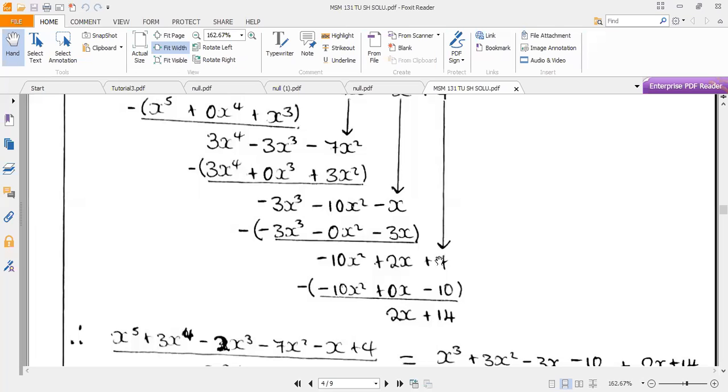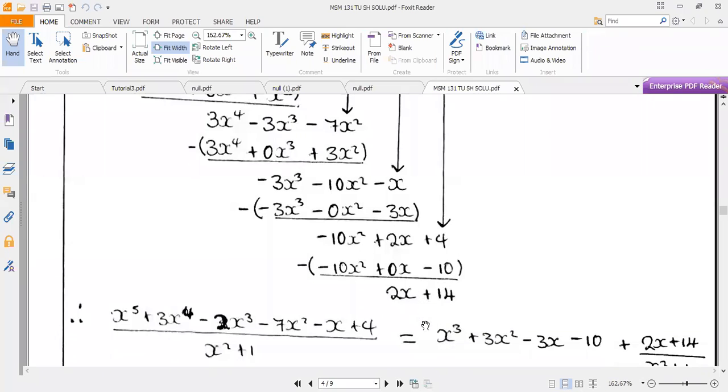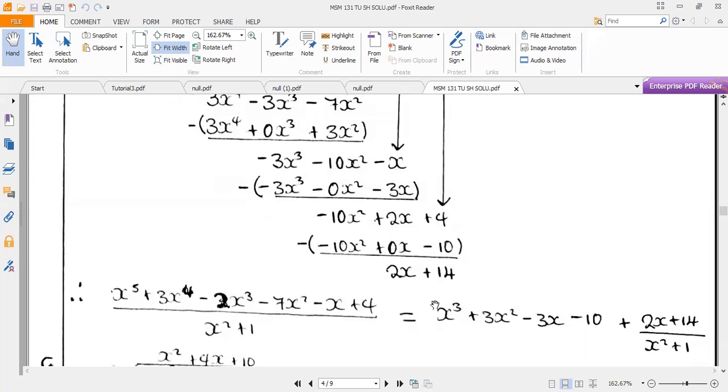And if we subtract this, negative and negative is positive. 4 plus 10 is 14. So our remainder in this case is 2x plus 14. If you have x squared as a divisor, the remainder should have 2x somewhere, or an x somewhere.